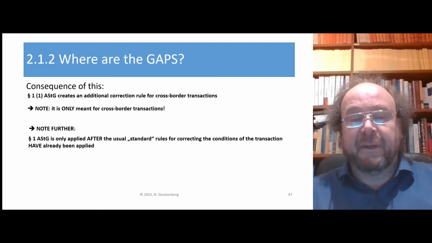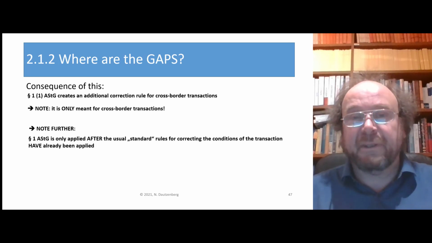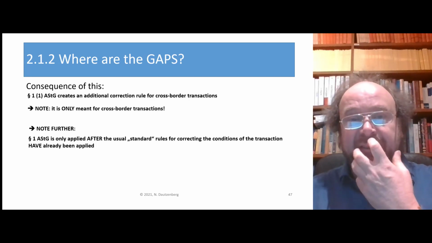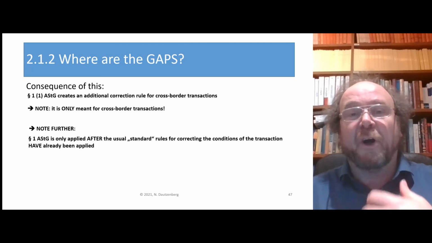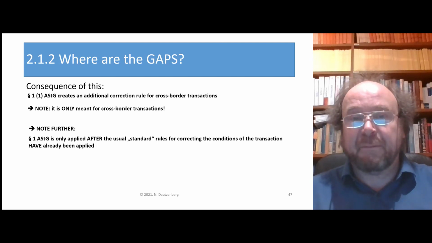Note further that 1 AStG is a subsidiary rule. It is only applied to that amount of profit which could not be adjusted to market conform amounts under the standard rules. So only if there is a leftover of non-market conform conditions, 1 AStG can be applied.